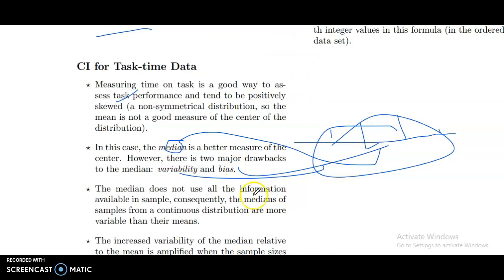The median does not use all the information available in the sample. Consequently, the medians of samples from a continuous distribution are more variable than their means.